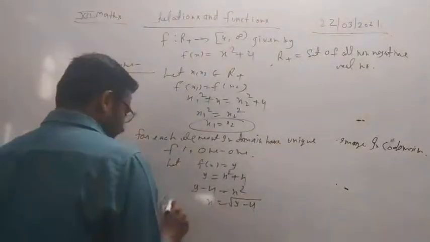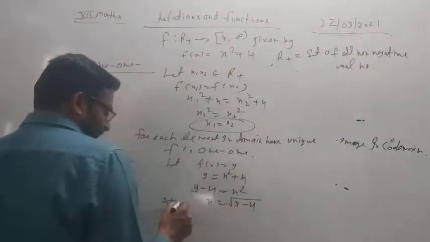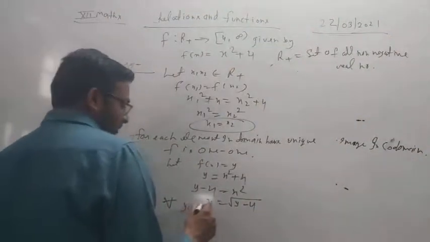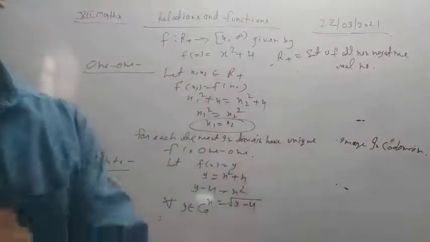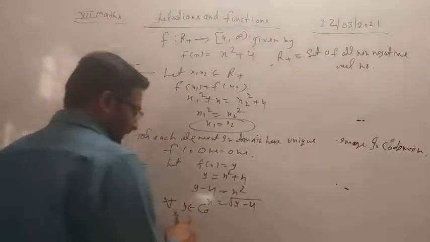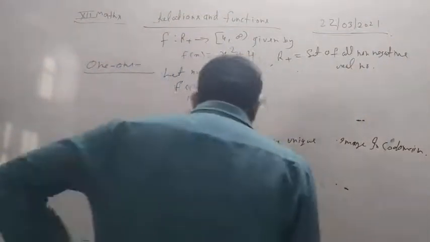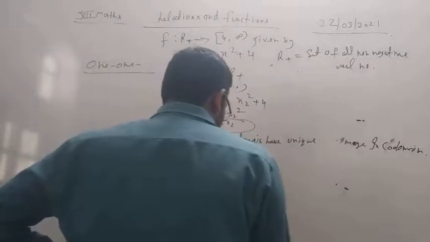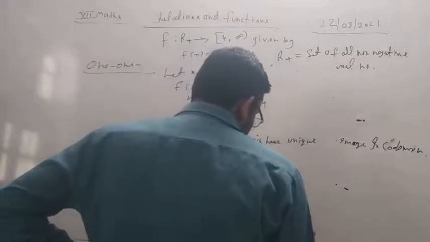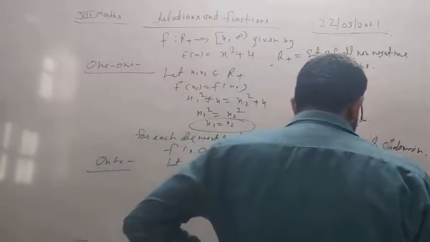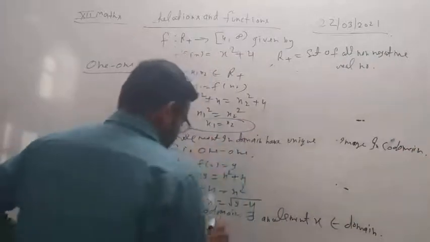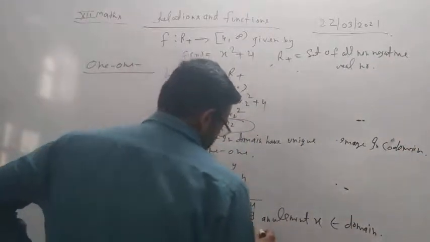So we write: for each y belonging to the codomain, there exists an element x which belongs to the domain. So the function is onto. In this way we can say that the function is onto.